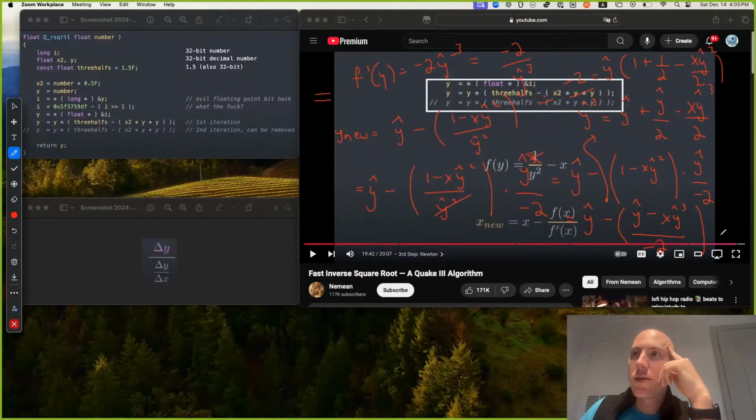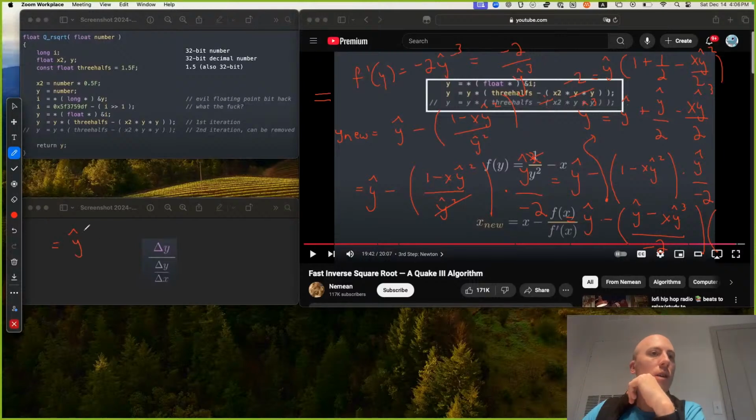Did I drop this term here? Should I have written y hat over negative? No, I think that already got distributed through. No, yeah, I already did that. Okay, and then I just pulled out a y hat term here.